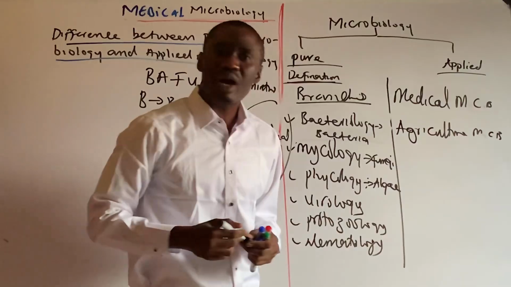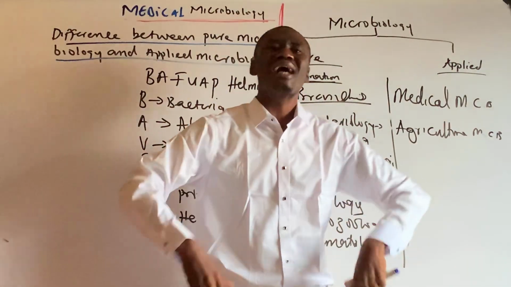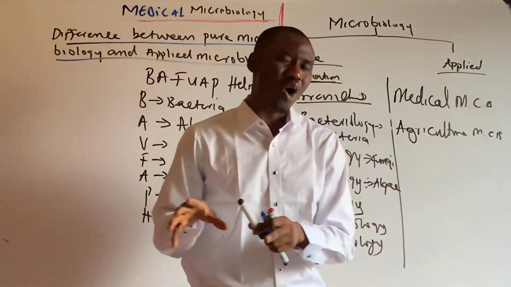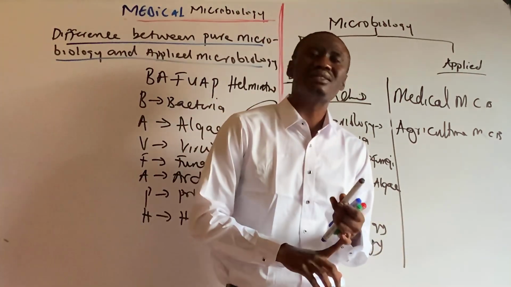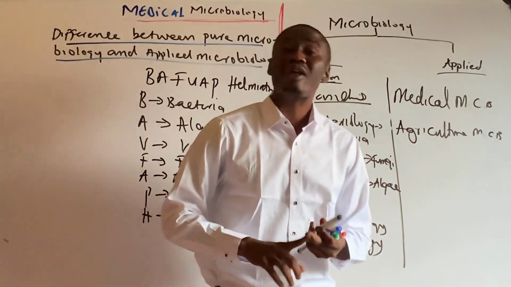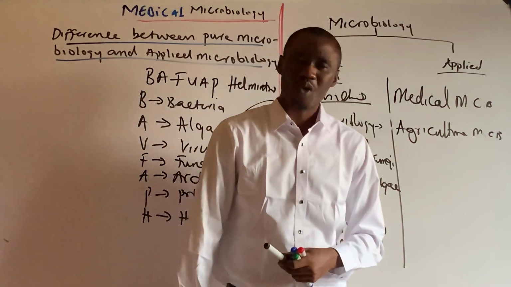Now, in agricultural microbiology, we use the knowledge of microorganisms for enhancing the yielding of crops, prevention of disease of crops, and also we use microscopic organisms to enhance the fertility of the soil.